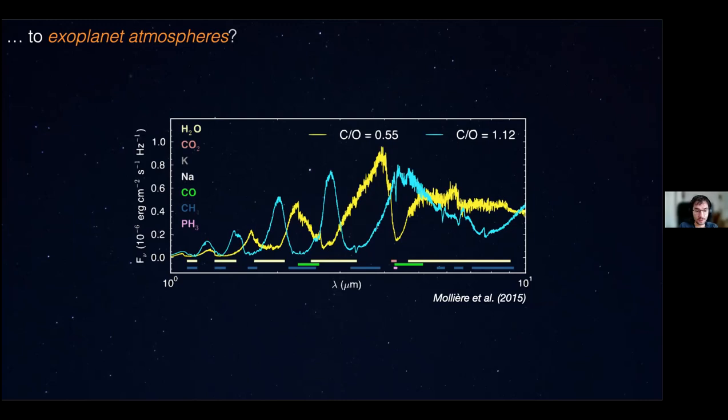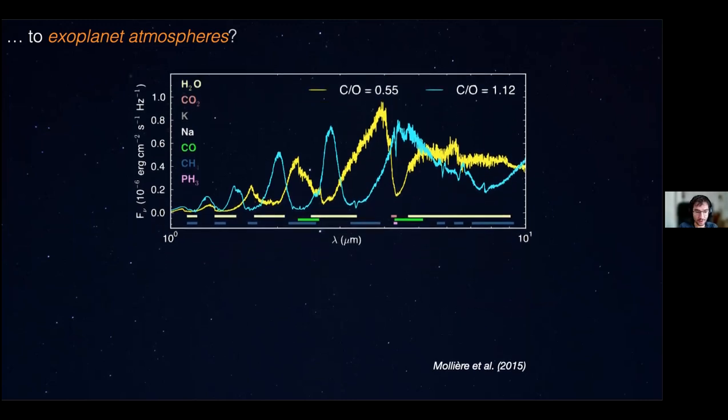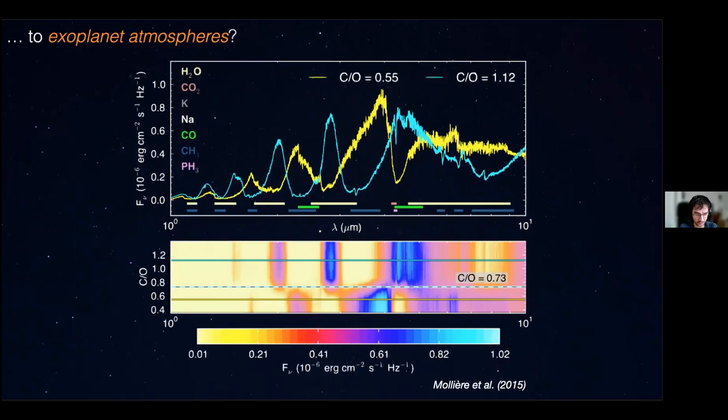This is a bit more nuanced, though, if you really look at the emission as a function of C/O ratio. This is shown here. Color-coded now is the flux. On the y-axis, we have the C/O ratio, and still on the x-axis is wavelength. And you see there's a clear discontinuity.